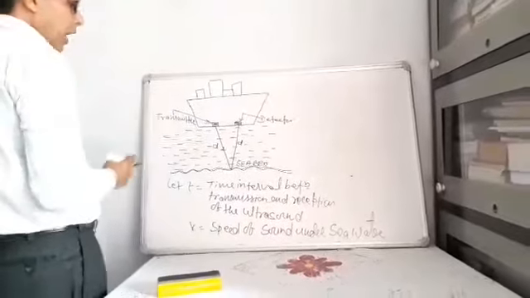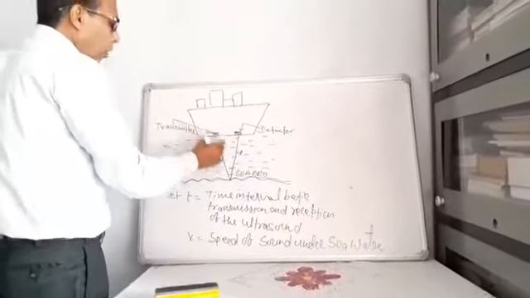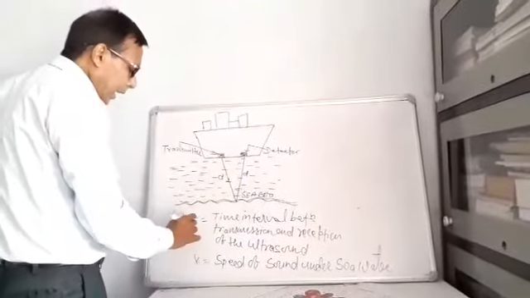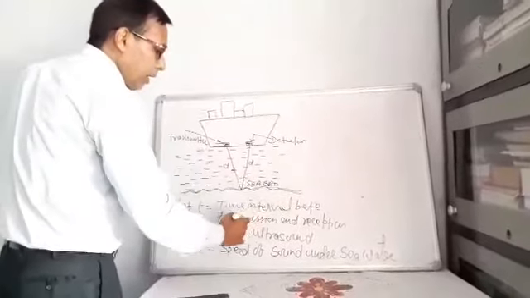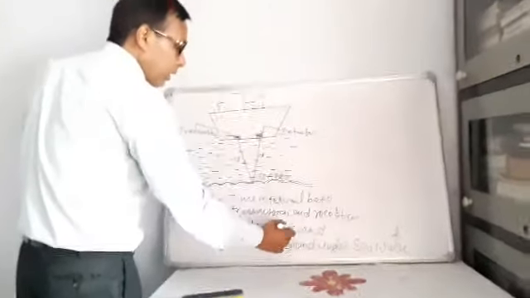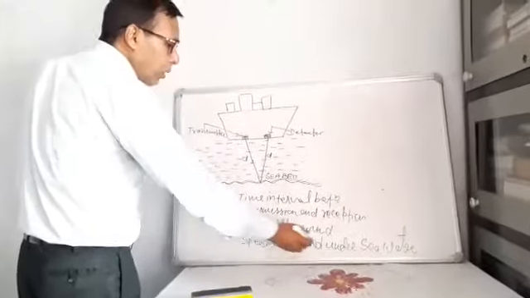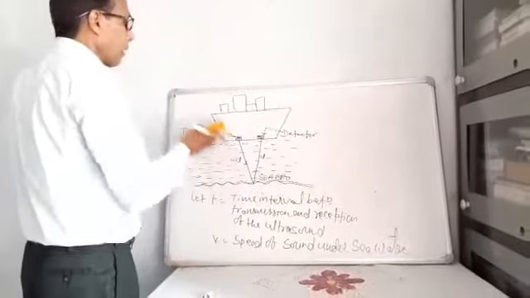So how would you calculate the depth of a sea? Let t be the time interval between transmission and reception of the ultrasound, and v be the speed of the sound under sea water.